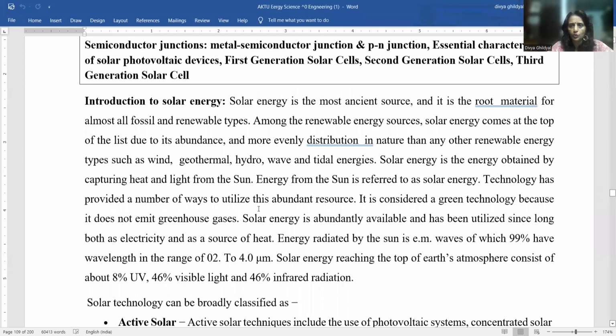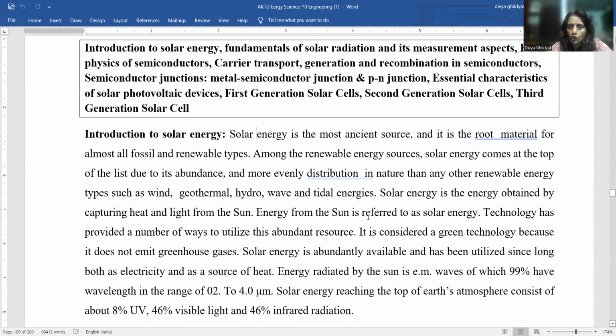Let us first quickly look at the introduction to solar energy. Solar energy, obviously, is the sun's energy, which is responsible for all types of energies on earth. You can also categorize it as the energy obtained by capturing heat and light from the sun.